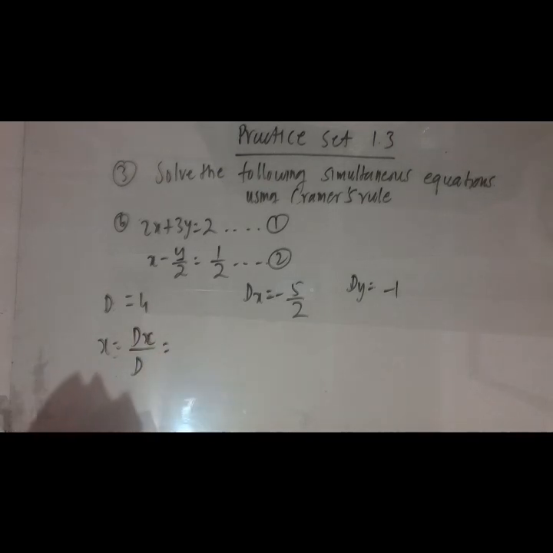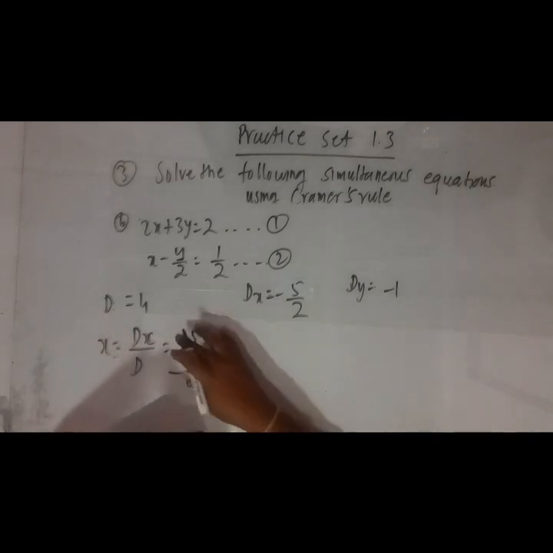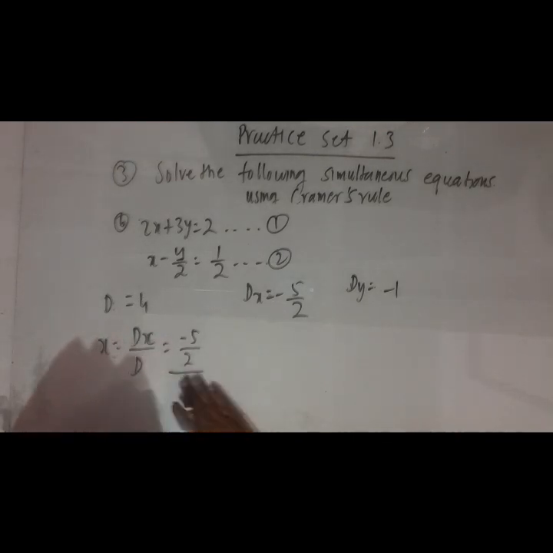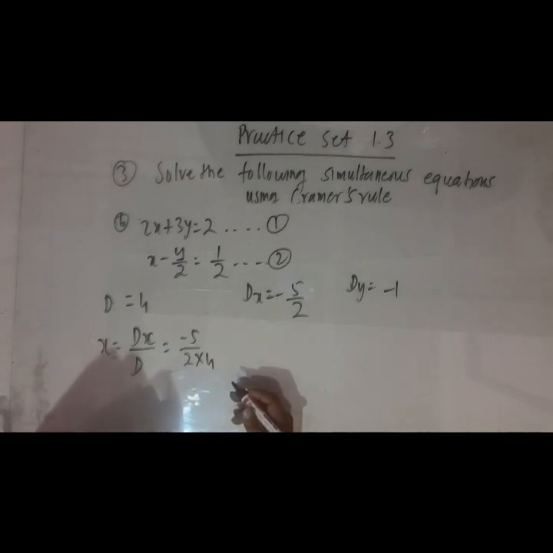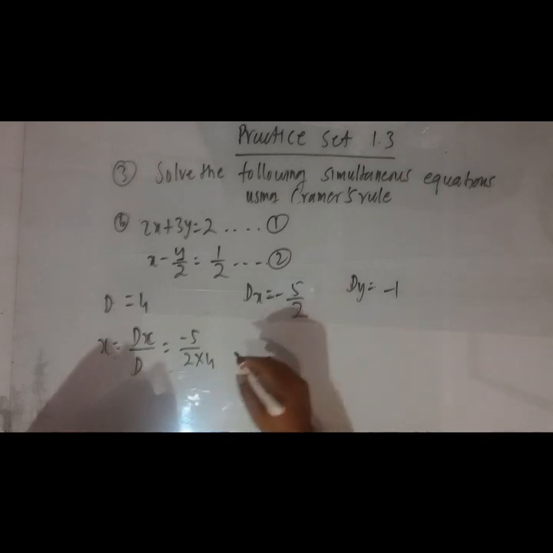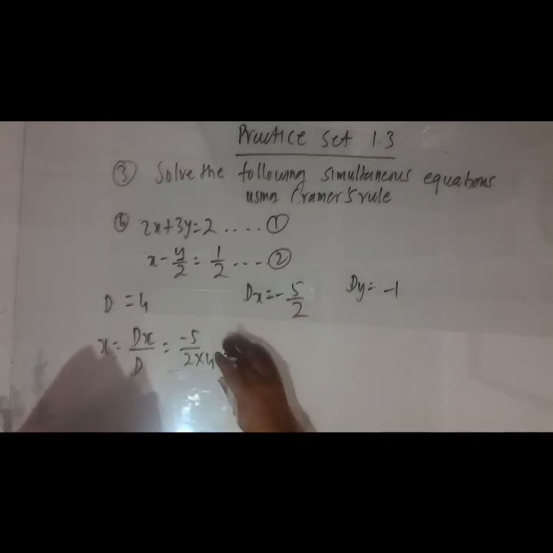So that is minus 5 by 2 upon minus 4, so this comes to minus 5 upon 8.